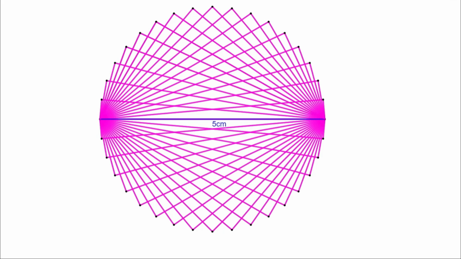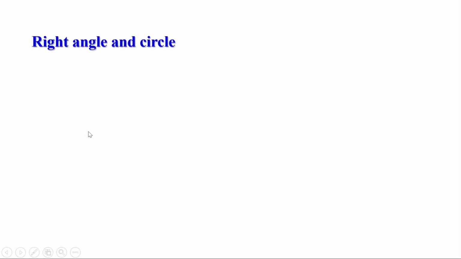Look at the third vertices. Are they all on a circle? Why? Let us check. Now let us go to the first part of the lesson, right angle and circle.